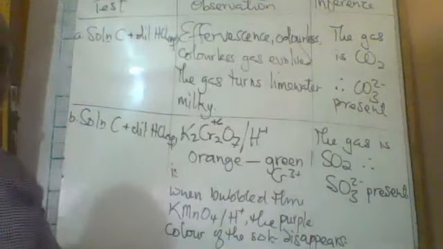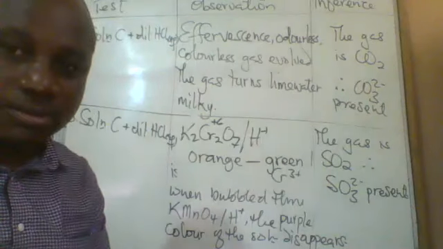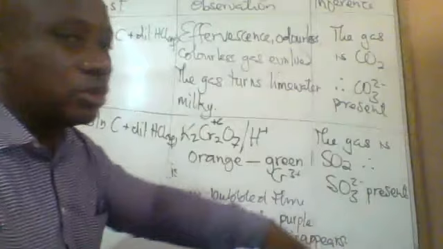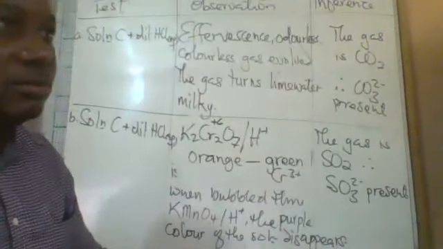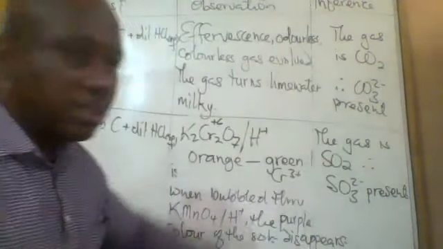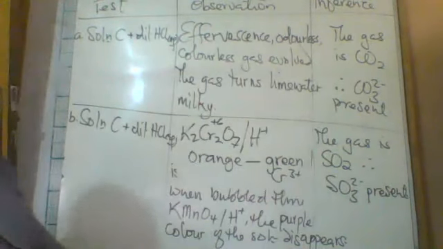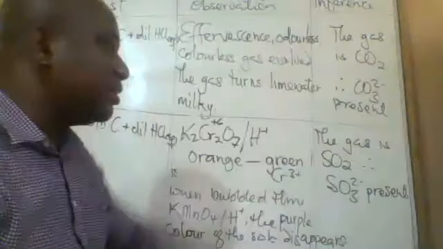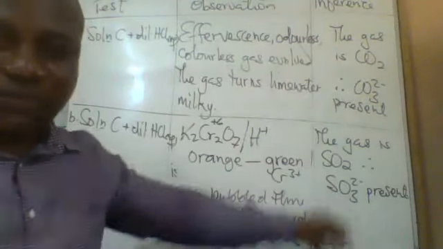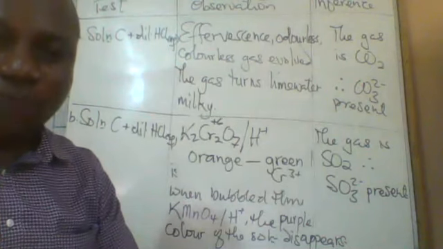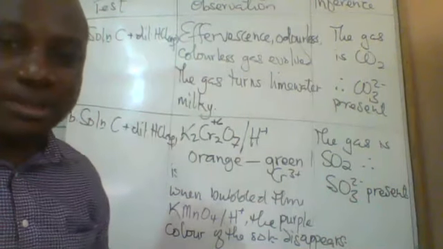That means the substance being tested is a reducing agent. Even SO3 2-, when you add it, will turn green, because it is a reducing agent. That shows that the gas is SO2. That's how we confirm SO2 gas in the lab.